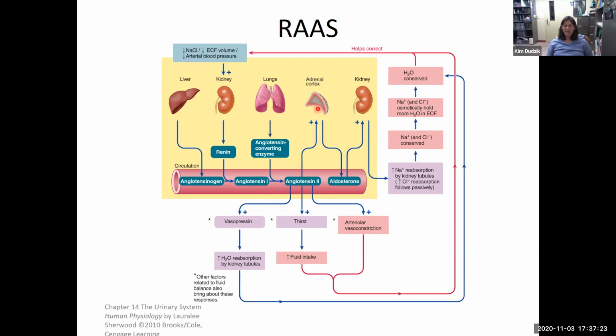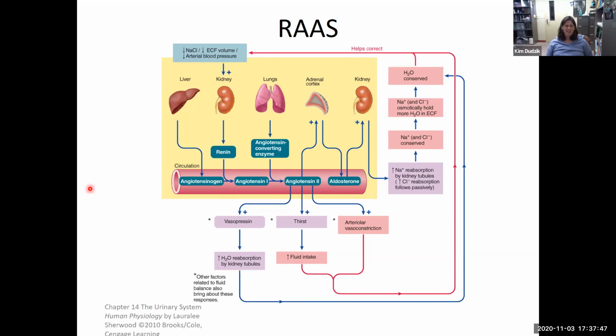As it gets by the adrenal cortex, remember the adrenal gland sits on top of your kidney, as it gets to the adrenal cortex, the outer edge, that stimulates the cells there to release aldosterone. Aldosterone is a hormone that acts on the DCT of the nephron.